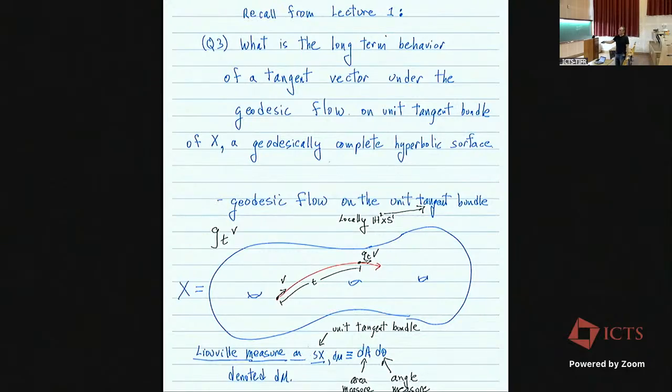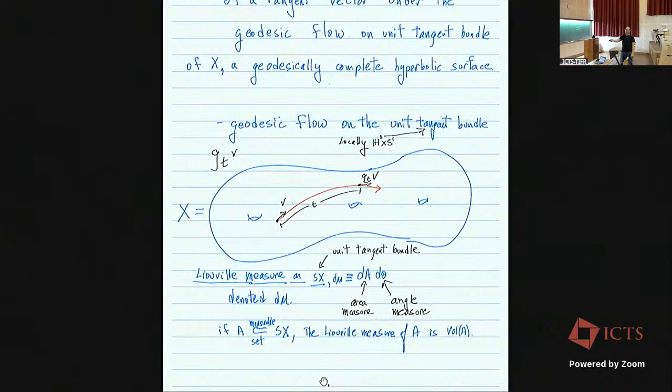Okay, there's a measure on the unit tangent bundle called the Liouville measure, and it's very naturally of this form, area measure. So the area measure on this hyperbolic surface with angle measure. Angle is the direction that V is based at that point.